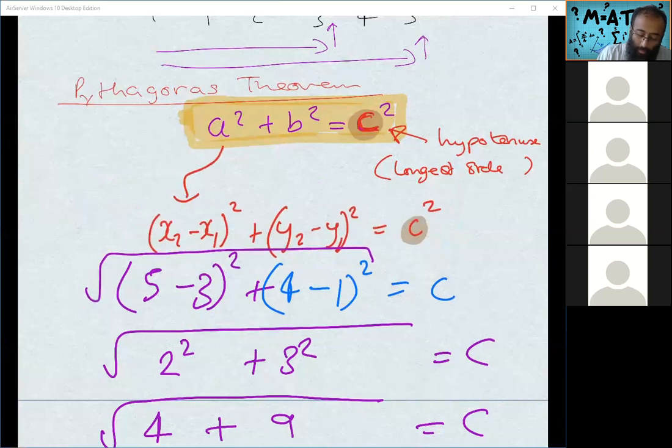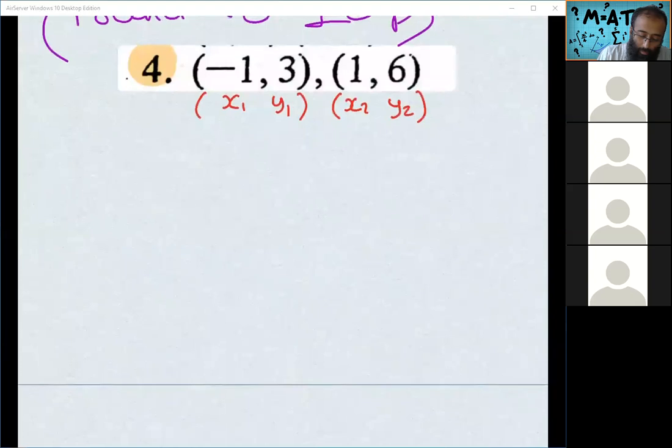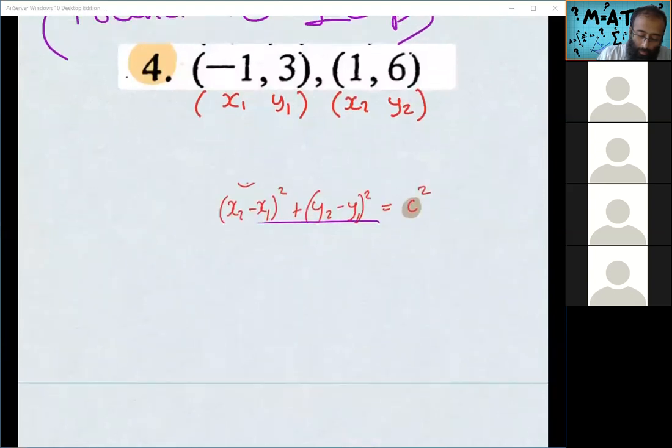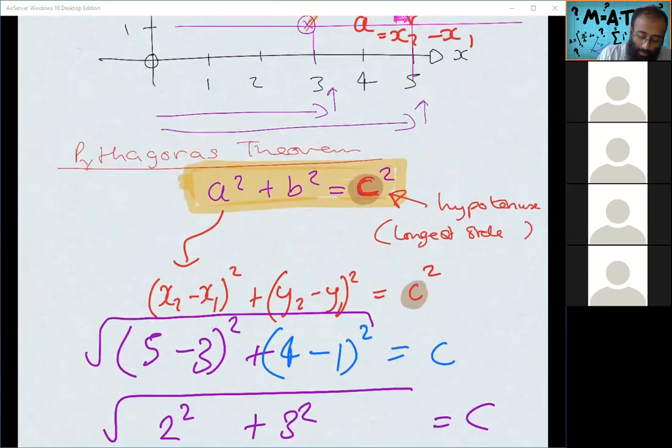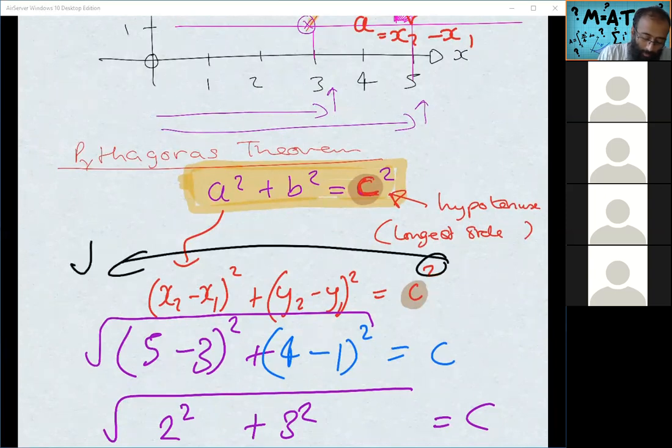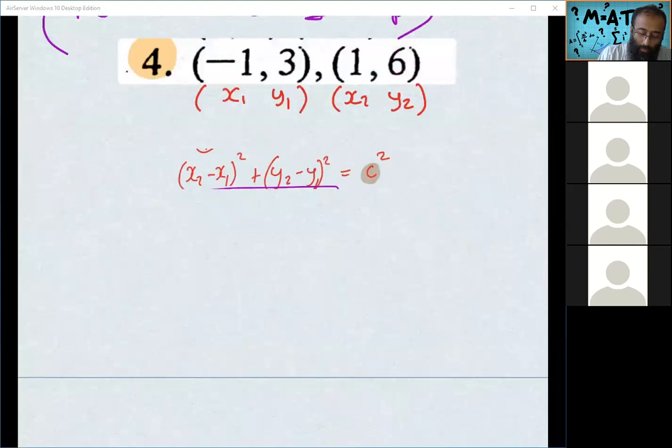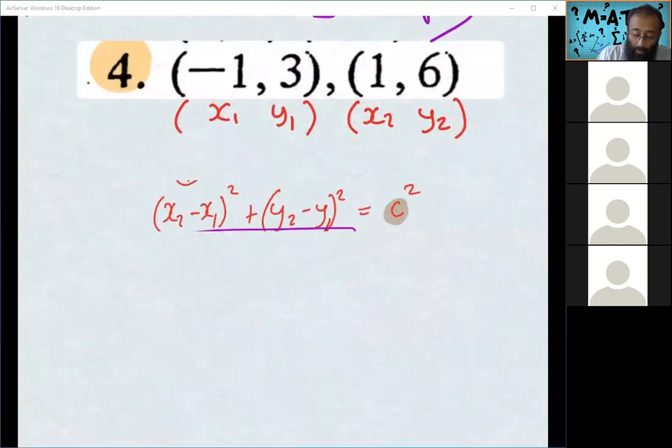Okay, copy, paste. There's our formula. Sorry about that, folks. I'm going to refill. This goes over here.